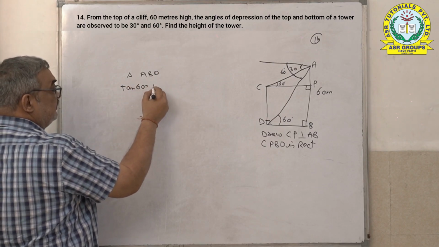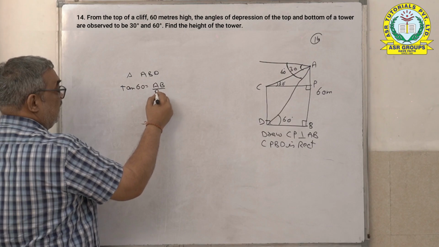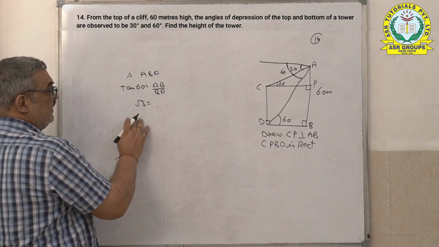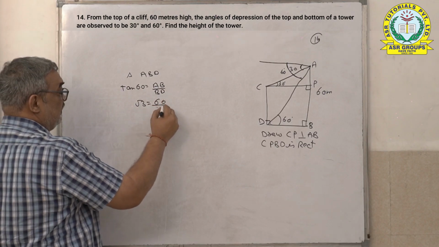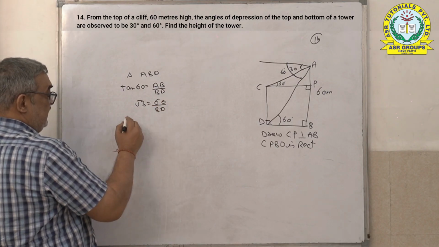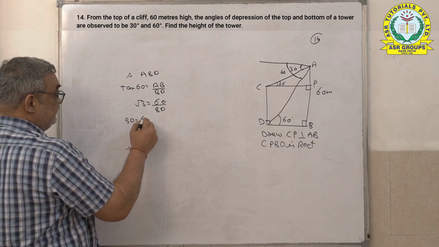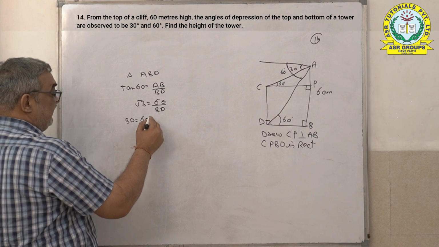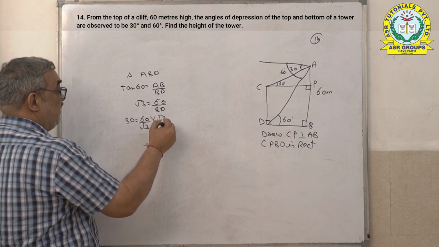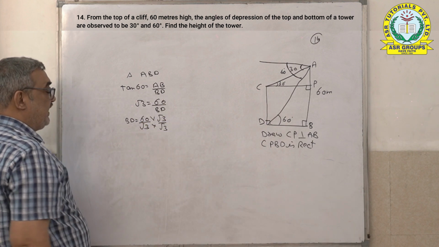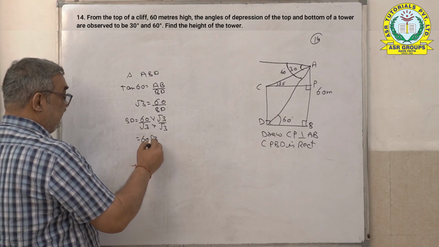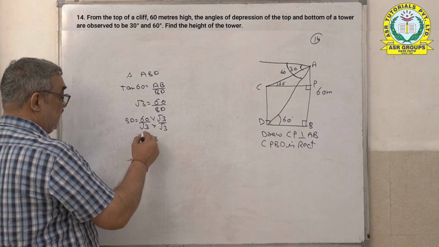Tan 60 is AB upon BD, root 3 is AB, 60, upon BD. So BD is 60 upon root 3. We'll rationalize, multiply up and down by root 3. 60 root 3 upon 3.